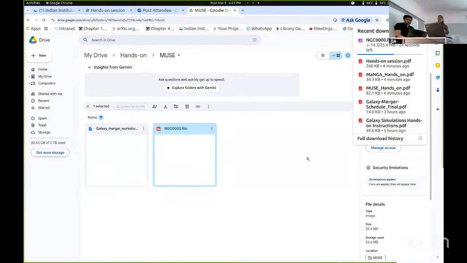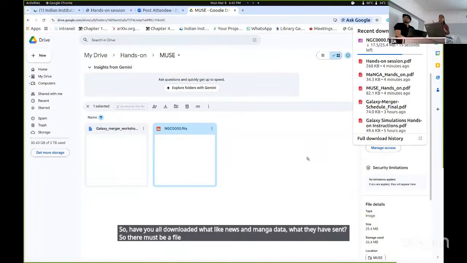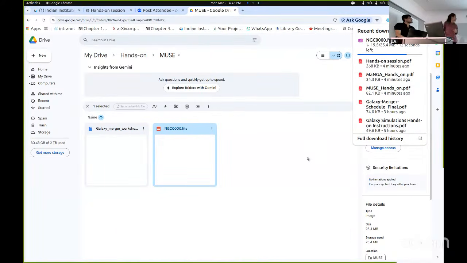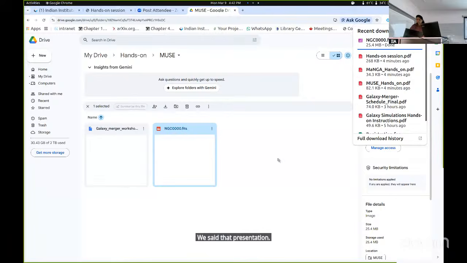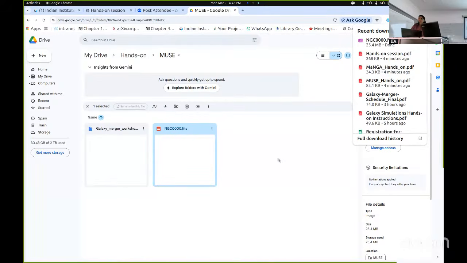Have you all downloaded the MUSE and MaNGA data they had sent? There must be a file called NGC 0000. Oh, you can't access it? Is that not a spacing issue?